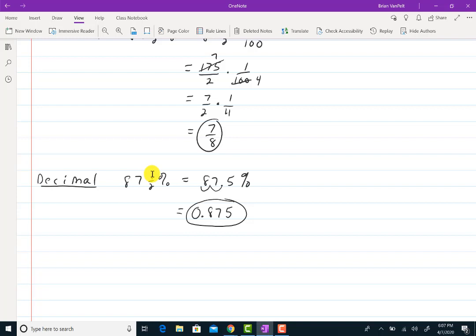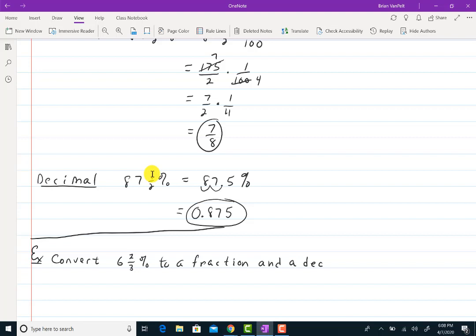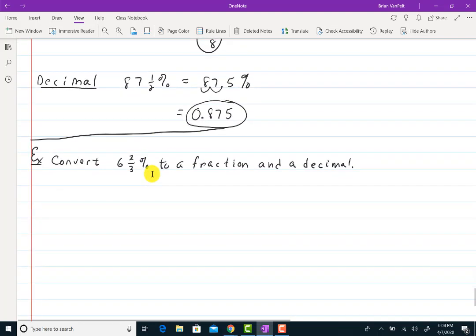Next, let's convert a similar problem. Let's convert 6 2/3% to a fraction and a decimal. So we'll start with the fraction part.